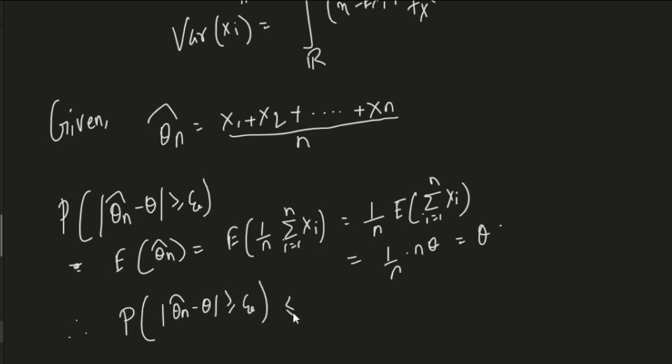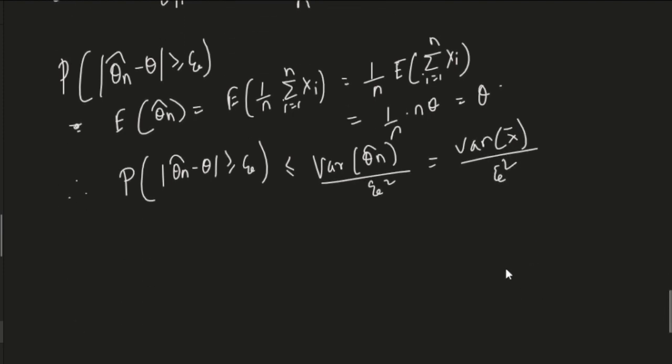less than or equal to variance of theta n by epsilon squared. And now variance of theta n is basically variance of x bar by epsilon squared. Now what is variance of x bar?